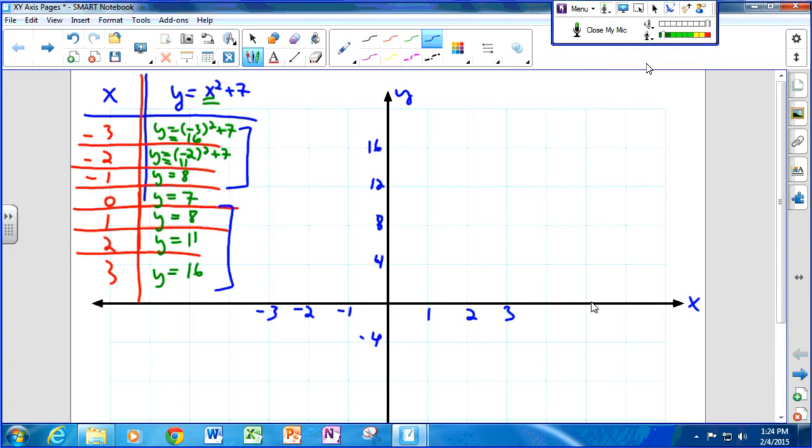And now we'll just make our coordinates. So x for the first one's -3, and y is 16. So our x is -3 over on the left, and it's 16. Okay, so there's the first one. The second one is going to be a -2 and 11. So let's see. It's going to be right around there.